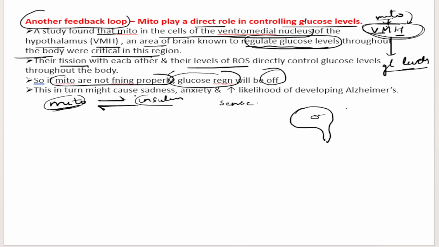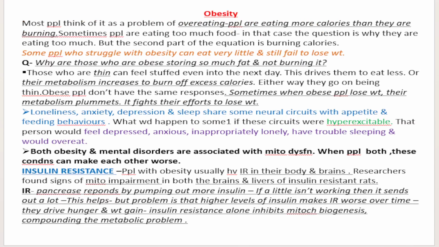The mitochondria in this region regulate the glucose levels throughout the body. So if the mitochondria are not functioning properly, glucose regulation will be off. And when the glucose regulation is off, this may create problems like sadness, anxiety, and increased likelihood of developing Alzheimer's disease.